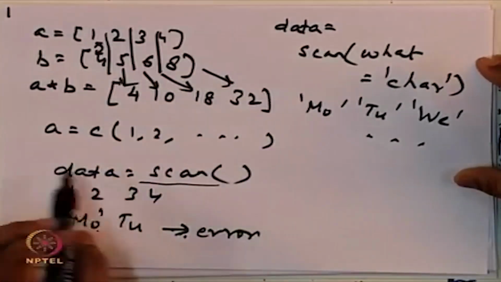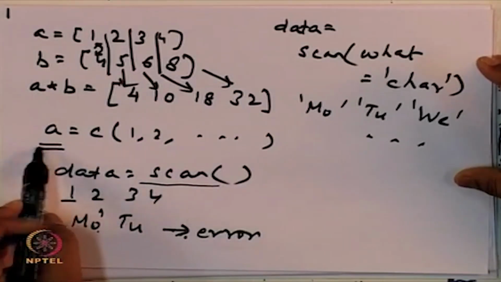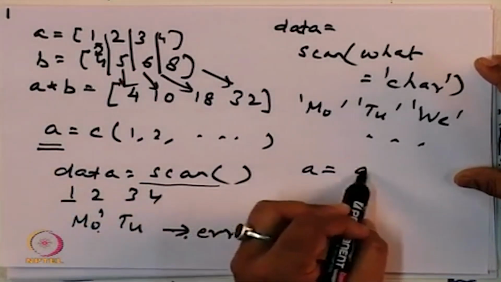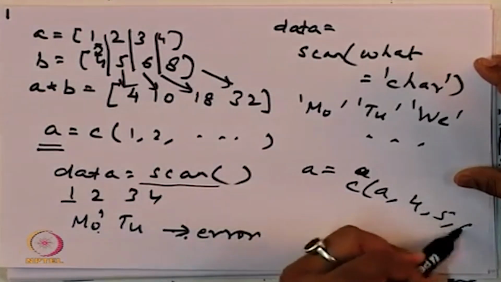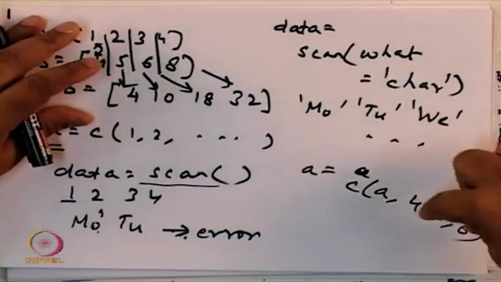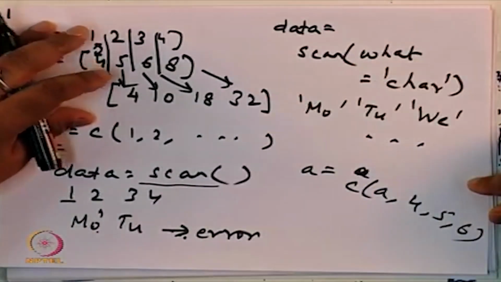You can easily add to a vector A. You can write A is equal to c of A comma 4, 5, 6, and so on. So you can add these numbers either before or after the vector.